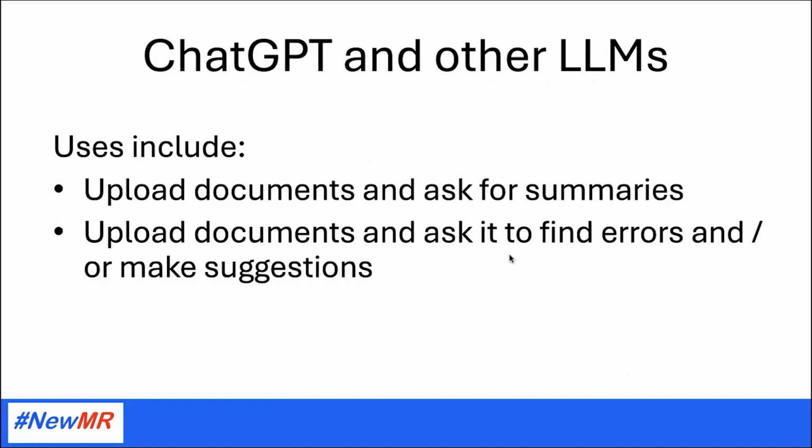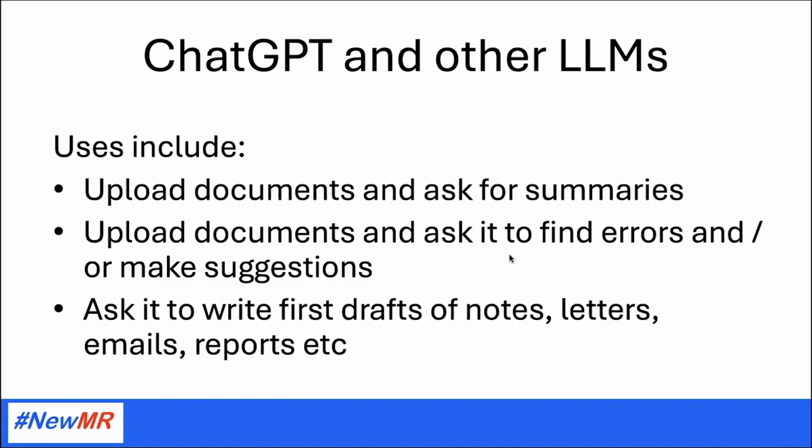Uploading documents that we've written and asking ChatGPT to find errors or to make suggestions for improvements. Or alternatively, asking ChatGPT and Copilot and Gemini and Claude to give us the first draft of some notes or the first draft of letters, emails and reports. All of these are really standard things. They're things you should certainly already be doing. So let's look at the 7 tips.